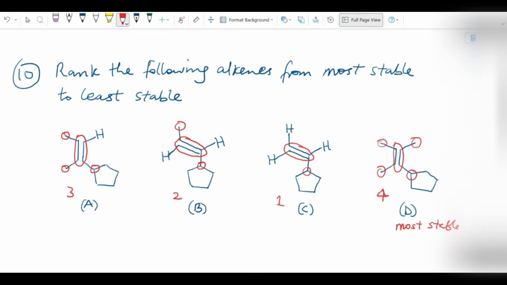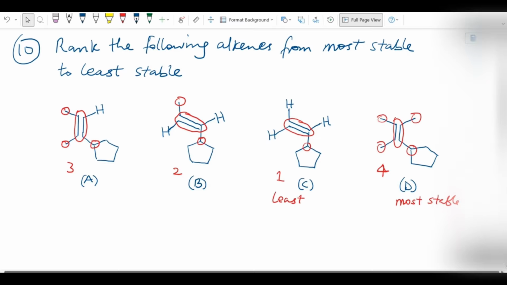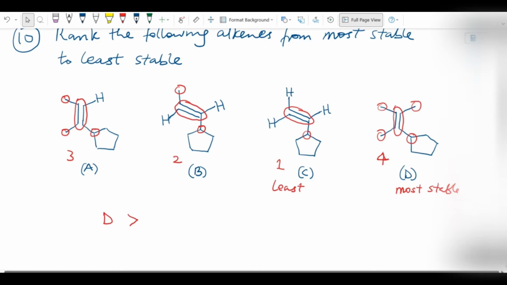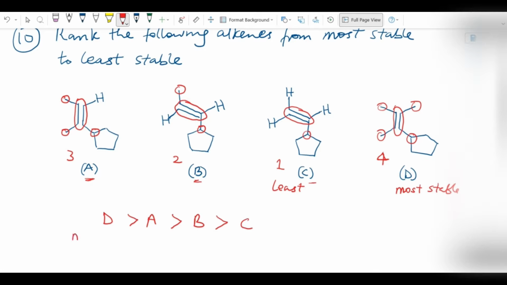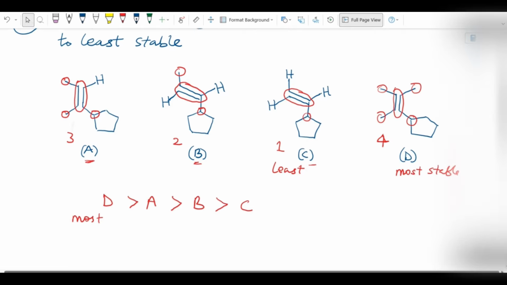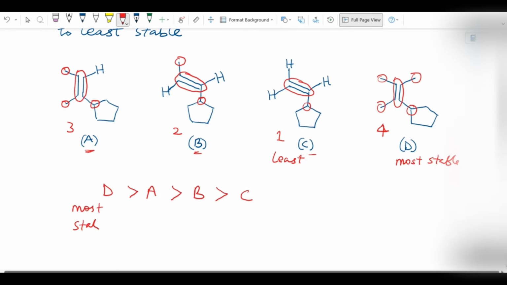The least stable will be the one that has the least number of substituents, and that's going to be this. So in terms of ranking, from most stable to least stable, it will be D, followed by A, followed by B, followed by C. So we're ranking these from most stable to the least stable.